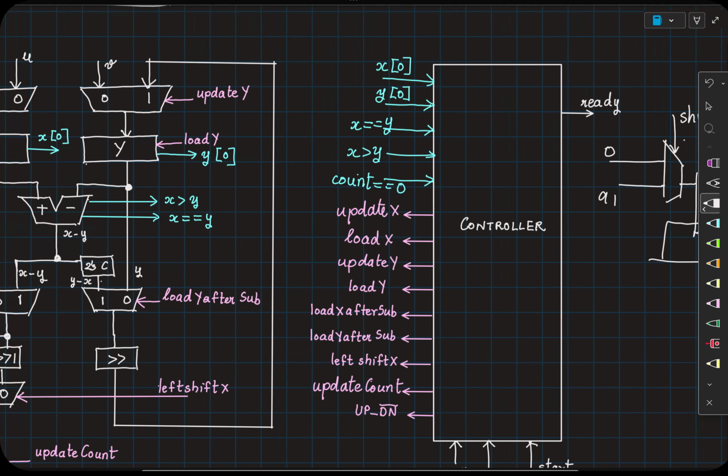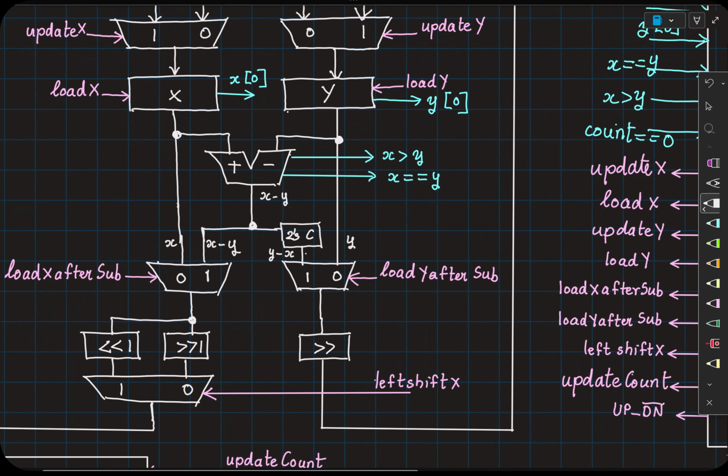Okay, so now the nice question that came was, this operation is then happening at a clock cycle. How would we make sure that all of these operations are correctly sequenced such that it happens in the right order? So how you can think about this is, let's say at a clock edge, your X and Y are getting updated. At the same time, you have the previous value of Y minus X here, and that will get right shifted here.